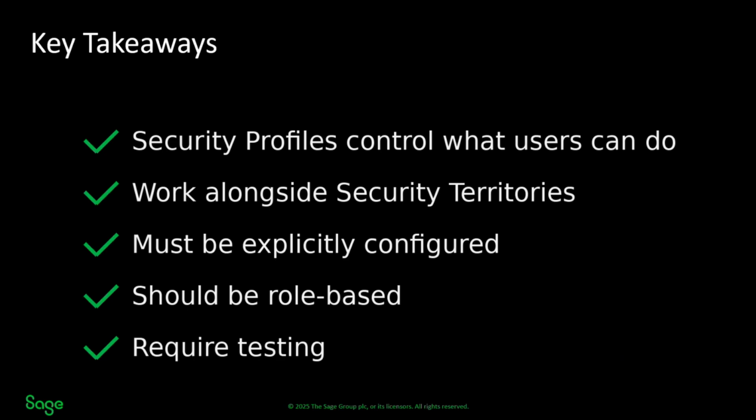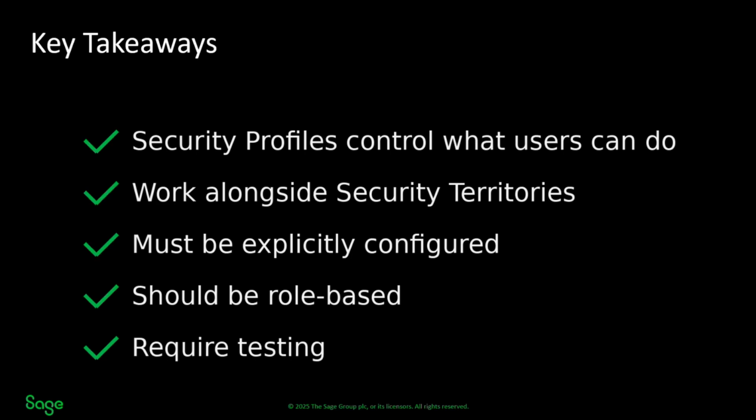So as we come to the end of today, we've looked at how security profiles control what users can do, how they work alongside security territories, how you must explicitly configure the rights inside a user profile, and those profiles should be very clearly role-based or persona-based within a system, and you do need to test that you have given the correct rights to that profile.